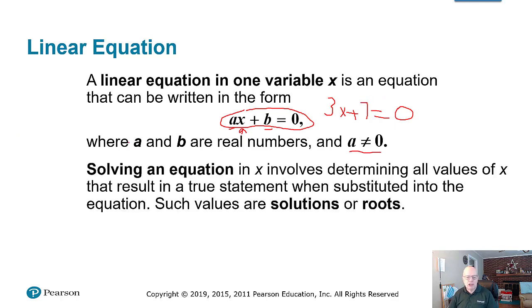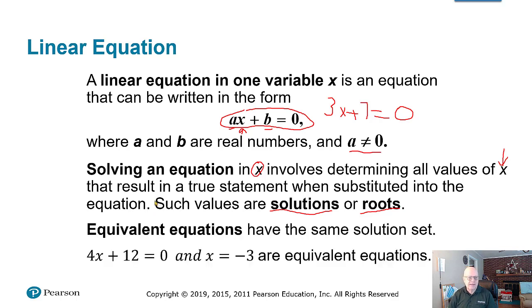When you solve an equation, what you're doing is you're finding out what x works if you put it in for all values of x. And those x's that work, making it a true statement, are called solutions or roots. They're the exact same thing, just different words. Synonyms, if you want to use the English term.